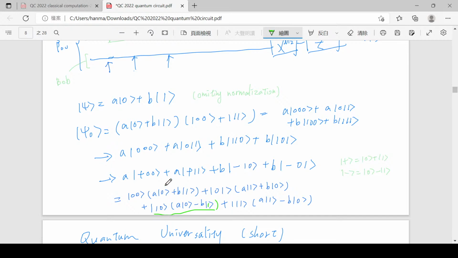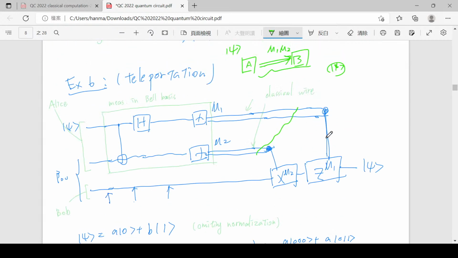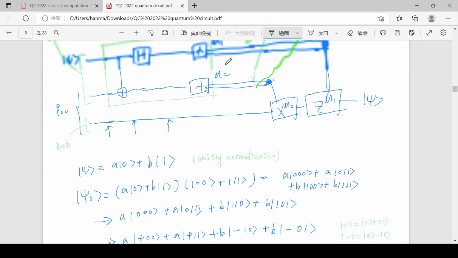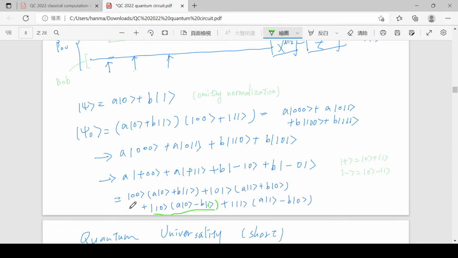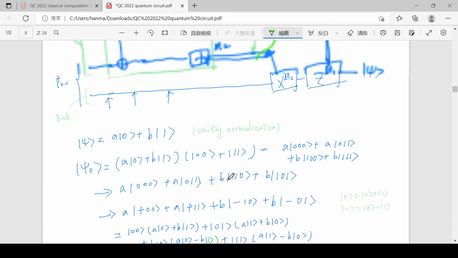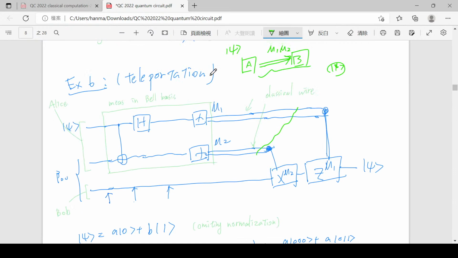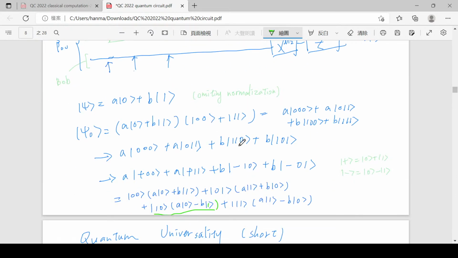And you will go back to your A0 plus B1. And that's exactly what happens, because you see you got a 1 0, then you will apply a Z gate. And yeah, so similar things will happen on the other 2 cases. So that's how teleportation works. Okay.